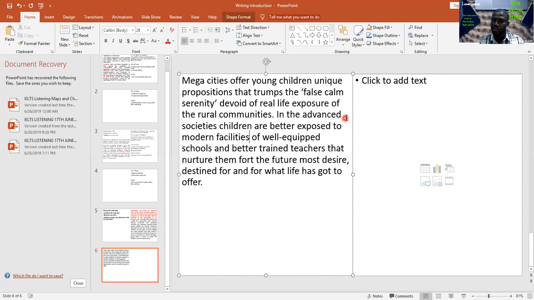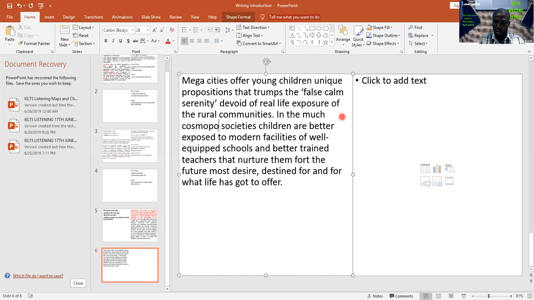I think I didn't put that well because people will say developing country, but I'm trying to say in the much more cosmopolitan cities, children are better exposed to modern facilities of well-equipped schools and better trained teachers that nurture them for the future most desired, destined for, and what life has got to offer.